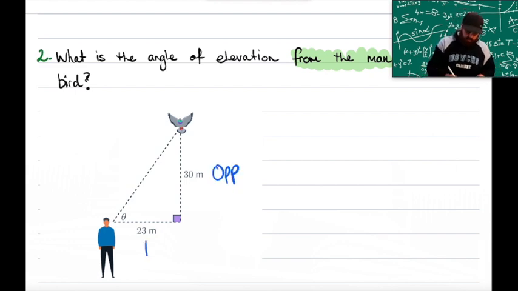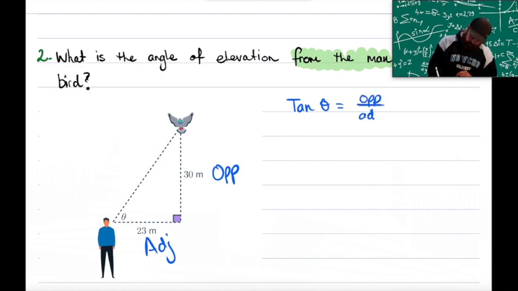23 meters, well, that's my adjacent side. And what we end up having here is opposite over adjacent. So we have tan of theta is going to be the opposite side over the adjacent side. Tan of theta is going to be 30 over 23.